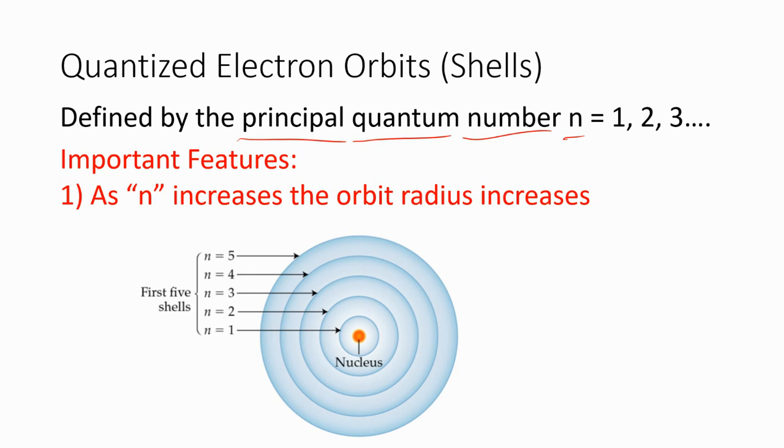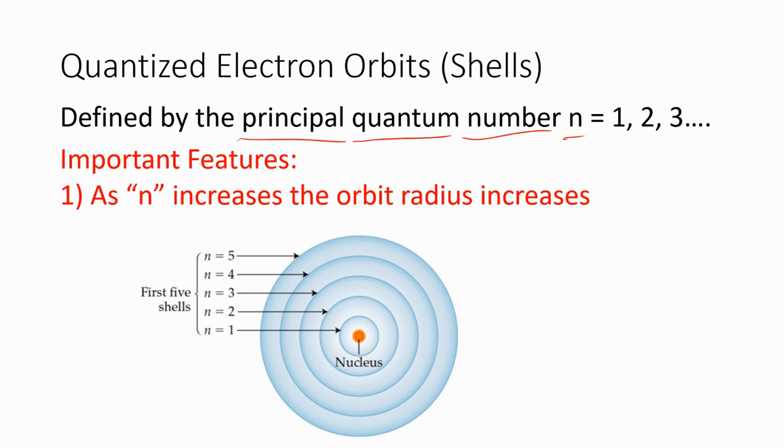We have a view of a Bohr planetary model on this slide. And what we're going to do is look at some of the features of his model. It's actually pretty simple. So the number one feature is that each orbit is assigned a value, a principal quantum number, with the one that is closest to the nucleus being n equals 1.